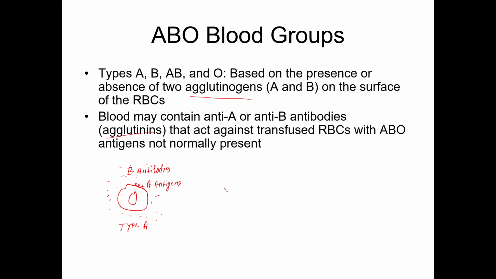And now let's draw another red blood cell. On the surface you have B antigens. Okay, so the blood type is B. And in the plasma, in this blood, the opposite type of antibodies should be present.